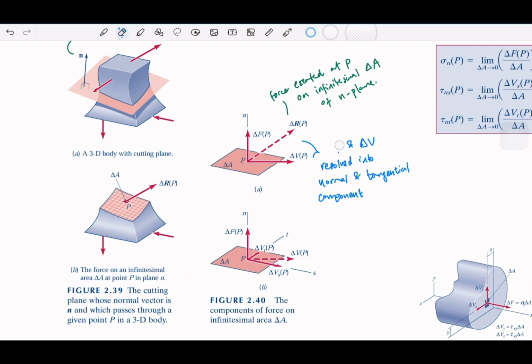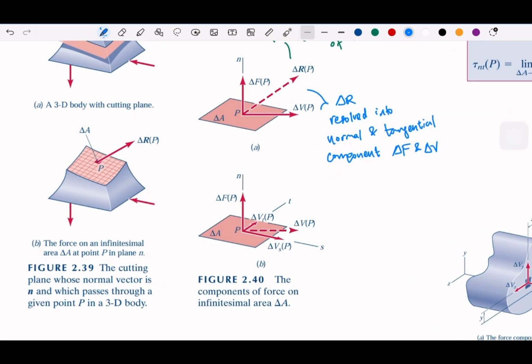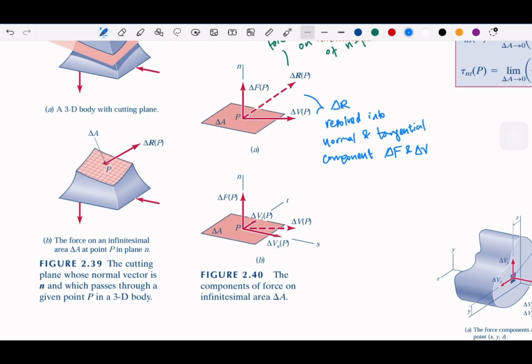Or let me write, maybe it should be delta R resolved into normal and tangential components, which are delta F and delta phi. And then the delta V, we can also resolve this delta V into delta V S and delta V P. So we introduce a new direction here.